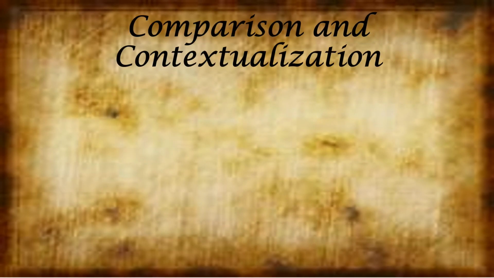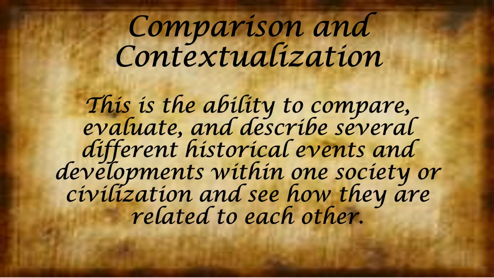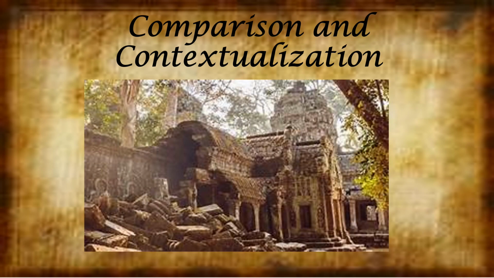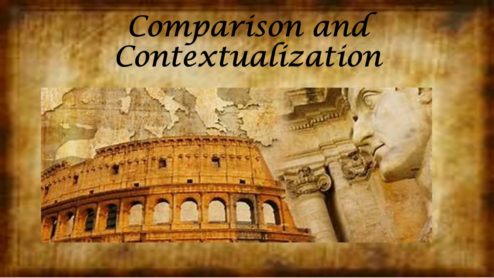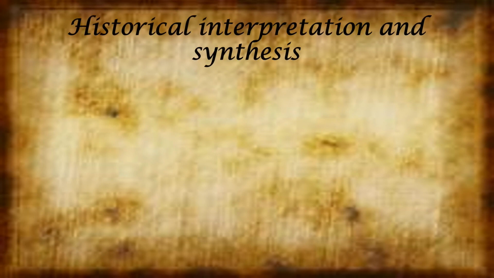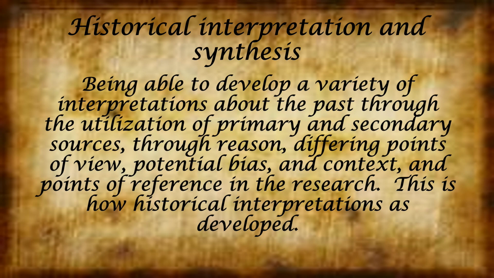Third, we have comparison and contextualization. This is the ability to compare, evaluate, and describe several different historical events and developments within one society or civilization, and see how they are related to each other. And finally, number 4 for our historical thinking skills is historical interpretation and synthesis.